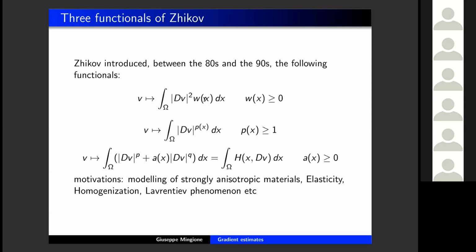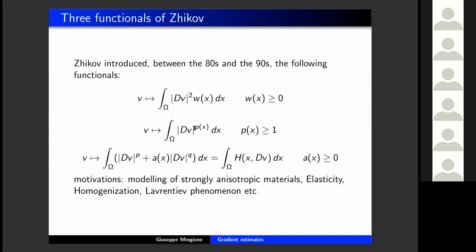In the first case, the weight w can approach 0. At those points where w is larger than 0, you have the usual Laplacian ellipticity. When it goes to 0, then you lose everything. And this is a classically degenerate elliptic problem.